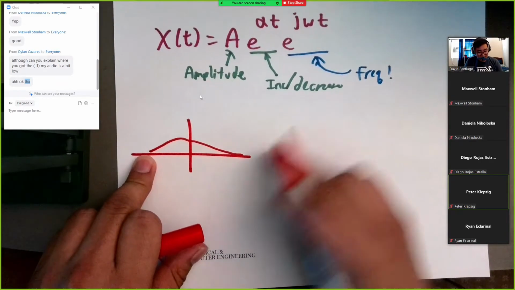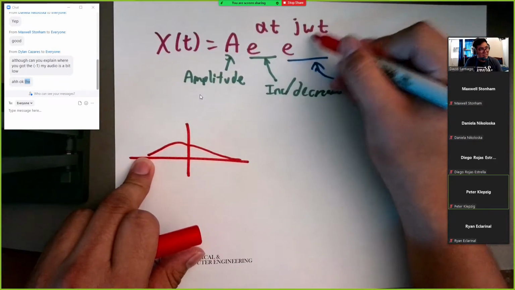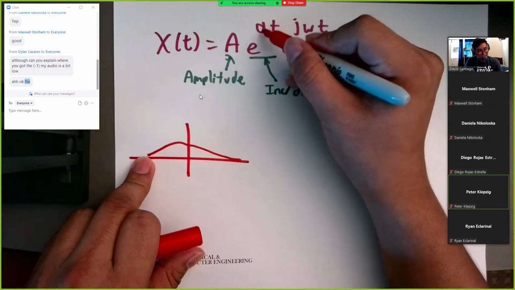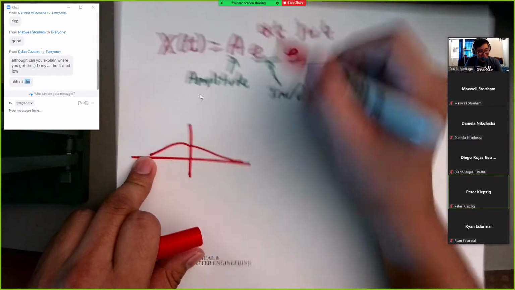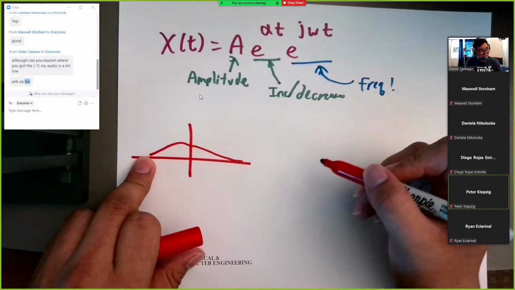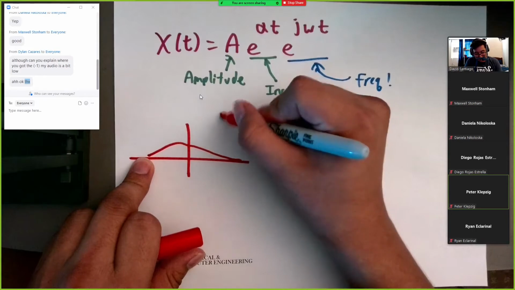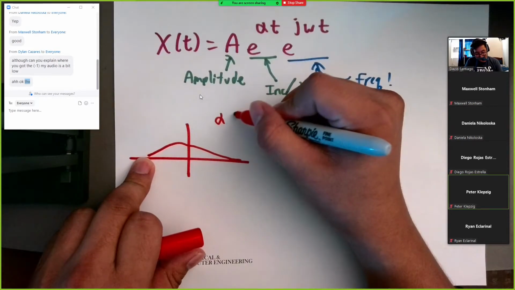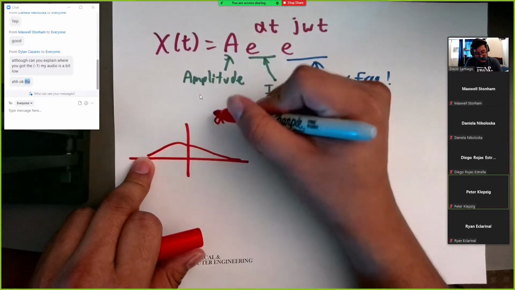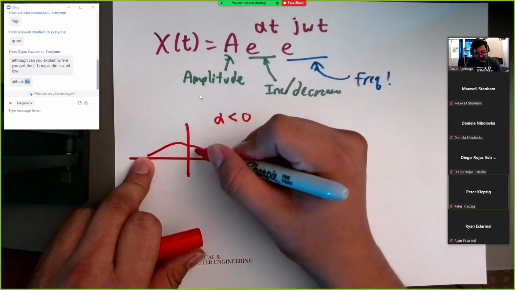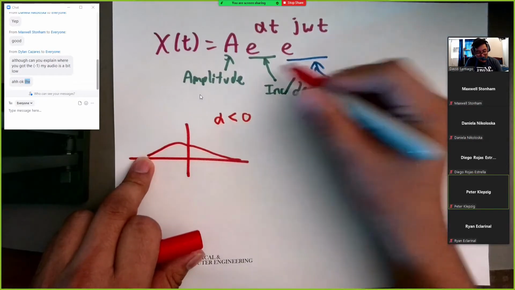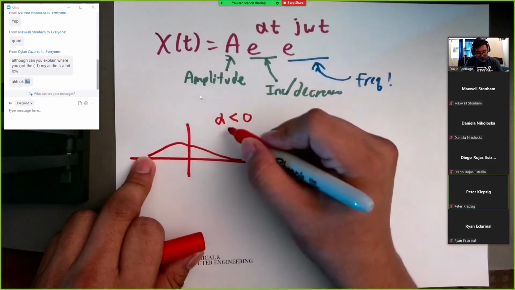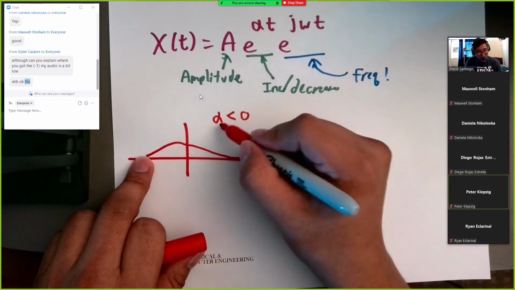First, you have no period, so this omega term has to go away. But this alpha term you have to have decay, so as time goes to infinity, alpha has to be less than 0. Then time can be bounded like this. So if he gives you this, you say alpha needs to be negative.